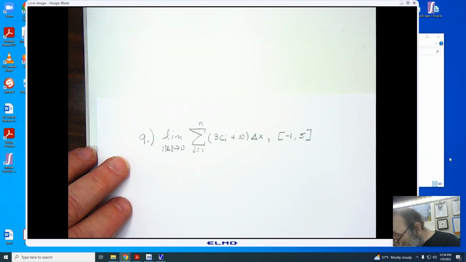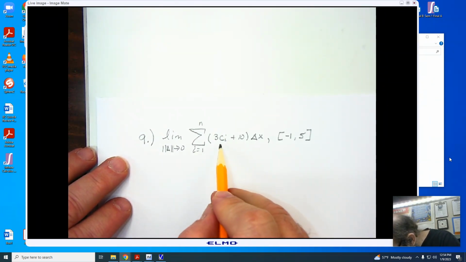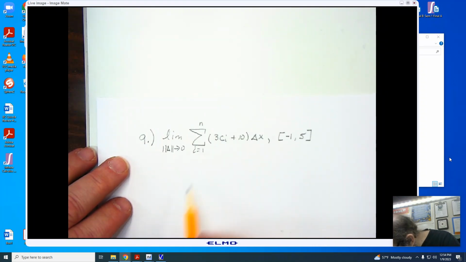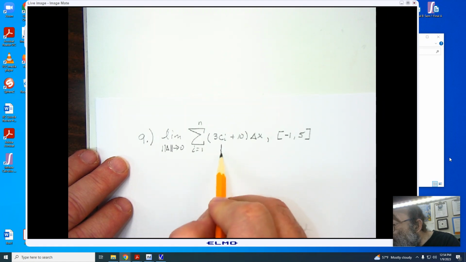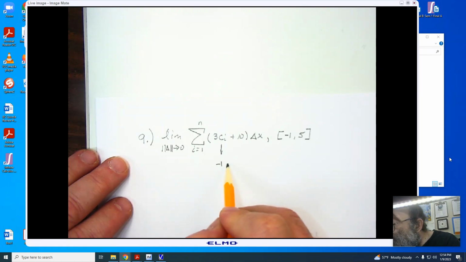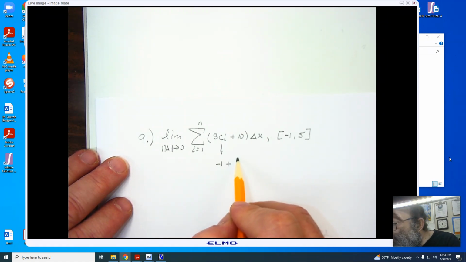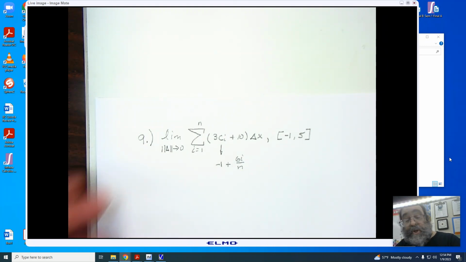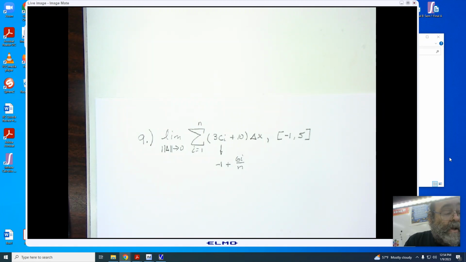So the first thing I want to do is recognize that this is my c sub i. This is the value that's the in-between. And if I were looking at it, the c sub i would have ended up being -1 plus 6i over n. But they're just using the generic c sub i, so we don't have to worry about that.